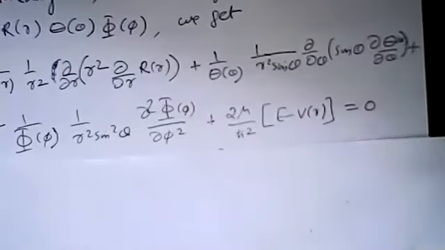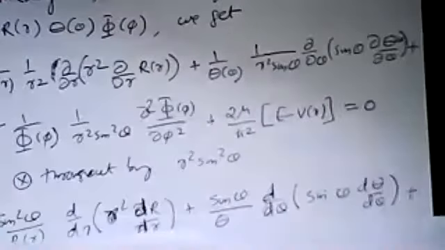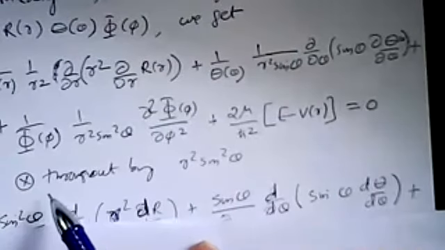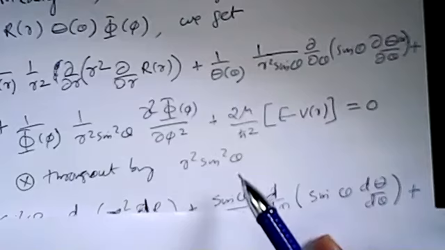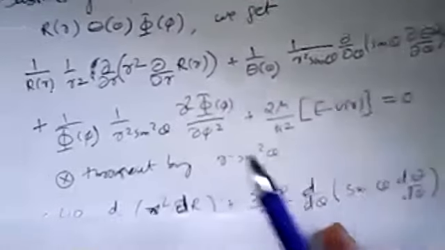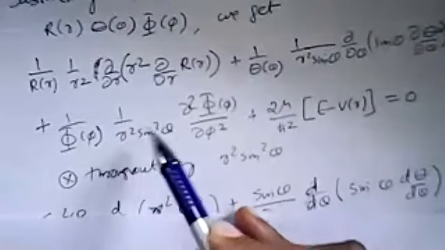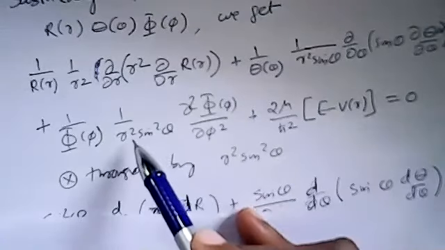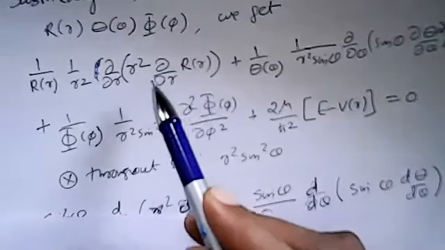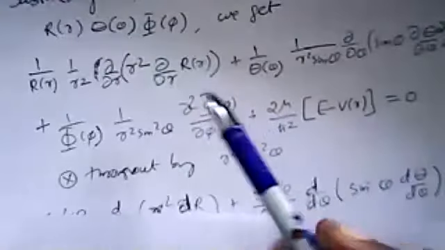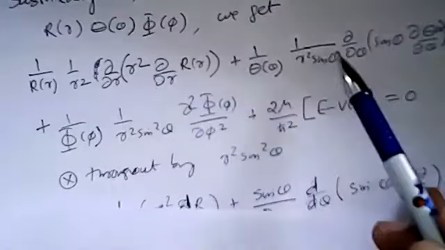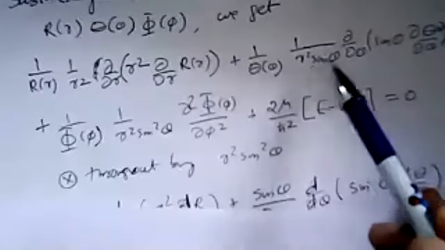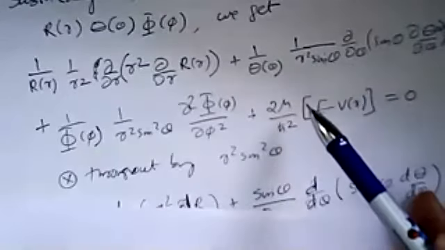Okay. Now multiply throughout by r square sine square theta. Our aim is to cancel this one. See, now you inspect all the terms. The first term contains only r. The second term contains variables small r and small theta.